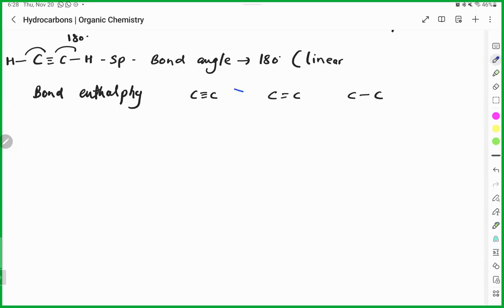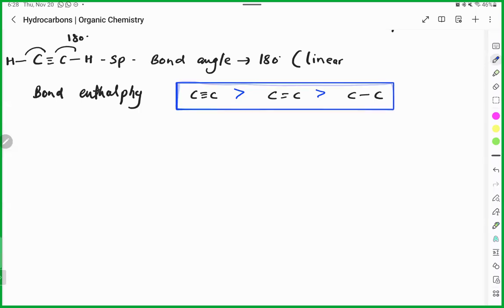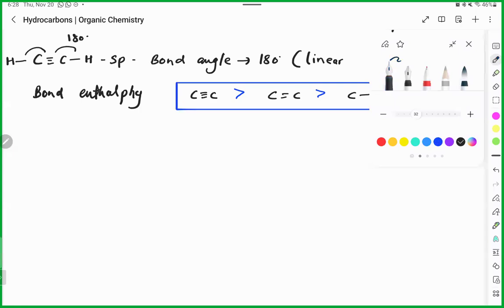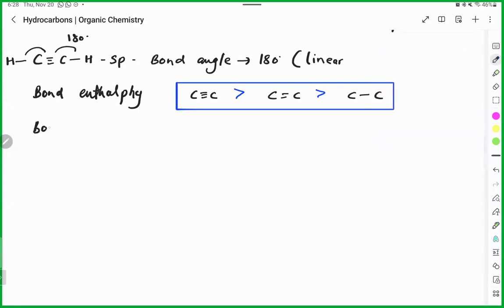Triple bond, because you require maximum energy in triple bond to break the bond. Minimum in single bond. Chandana, what will be the bond length order? Sir, carbon-carbon single bond is greater than double bond and triple bond.